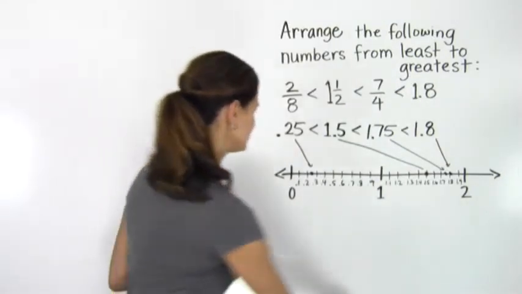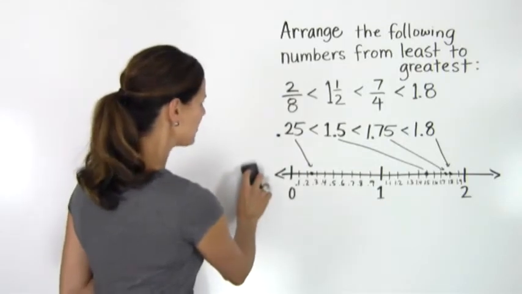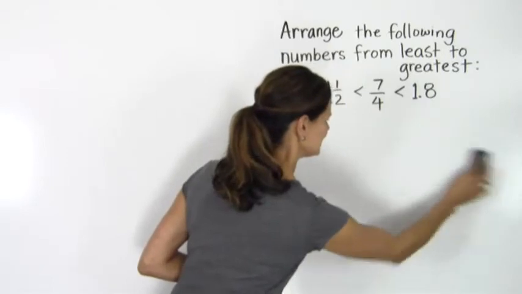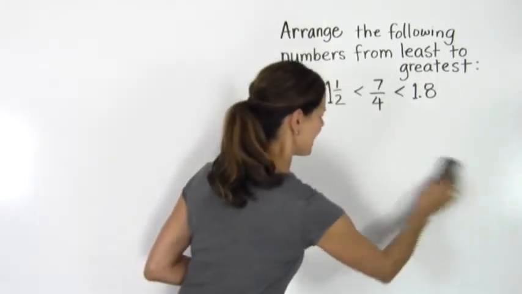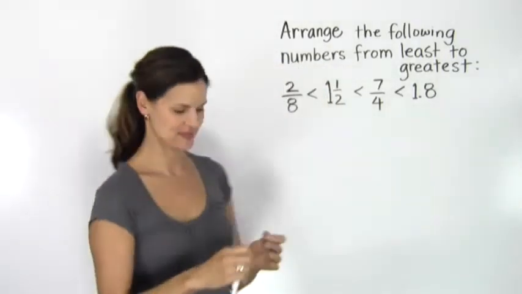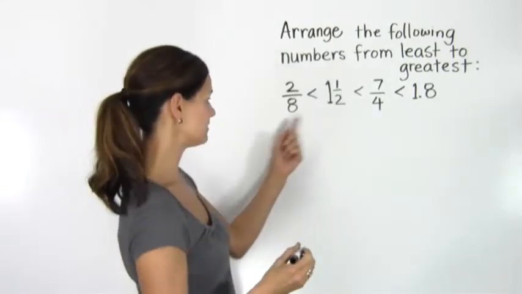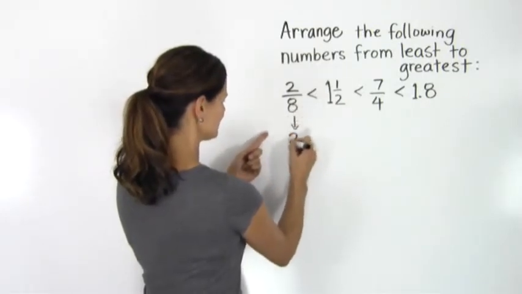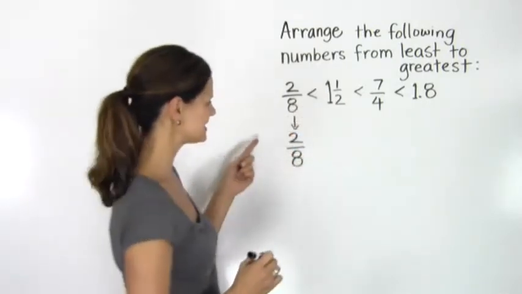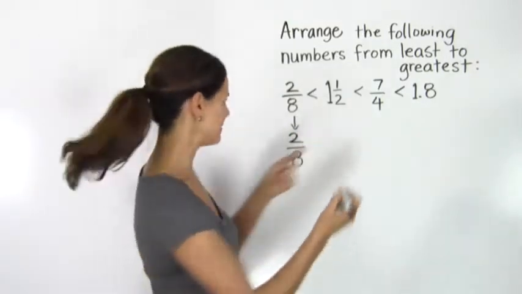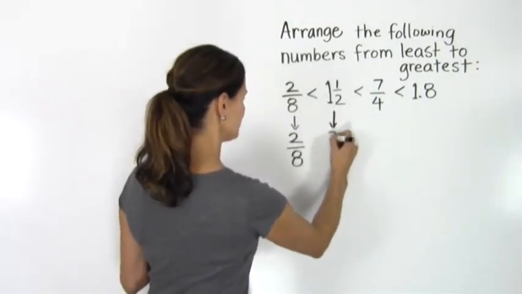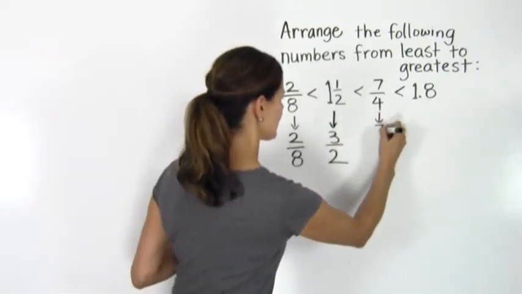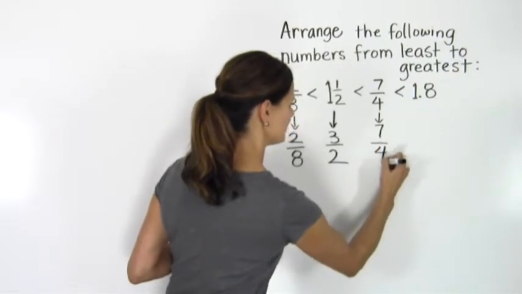A more difficult approach to this problem would be to convert all of these to fractions and then find their common denominators. So if I were to convert these, well, two of them are already fractions, but converting this one to a fraction would still stay at 2/8. 1.5, a mixed number converted to a fraction, would become 3/2. 7/4 is already in fraction form.